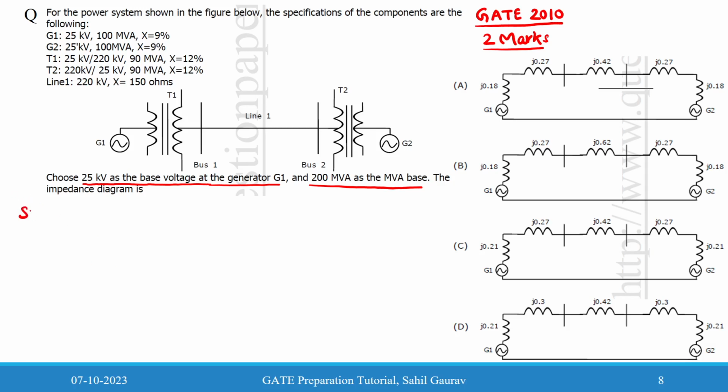So how will you approach that? As the transformer comes into the picture, the base voltage will change according to the turns ratio. But the MVA base will not change throughout the system. This is the important point.